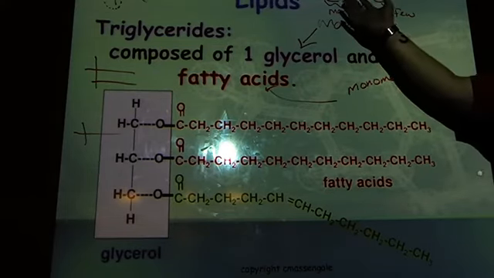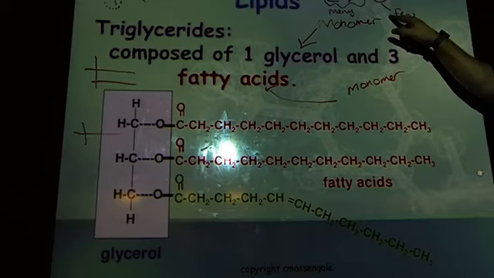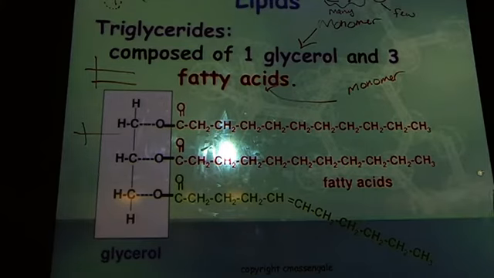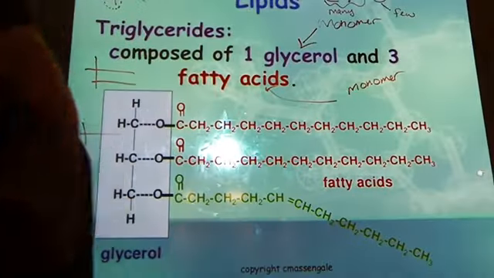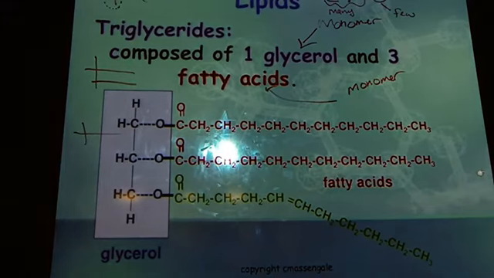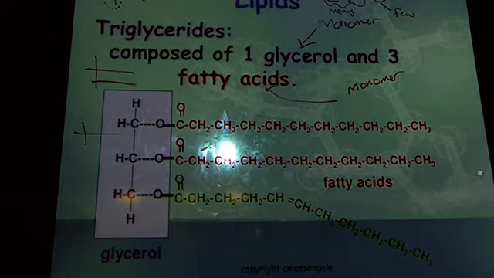There's lots of CHs together. We only have a couple of oxygens. That's how you can differentiate. If you see a formula, you can kind of tell if it's carbohydrate or maybe a lipid. If you've got more CHs than you know what to do with, and only just a couple of oxygens, you have a lipid. Easy enough.